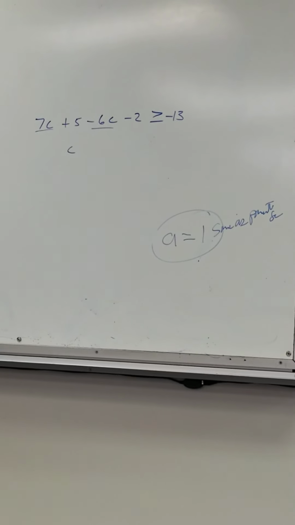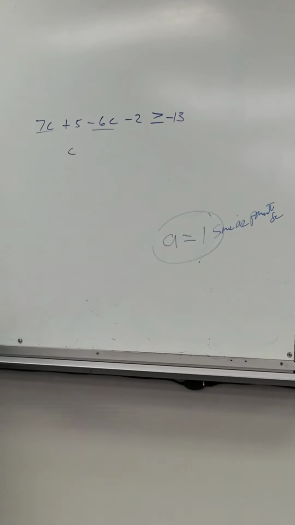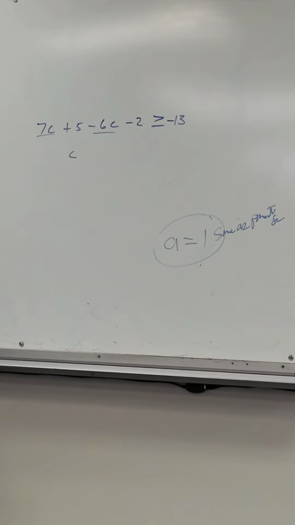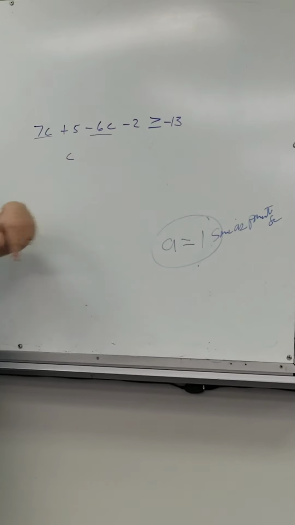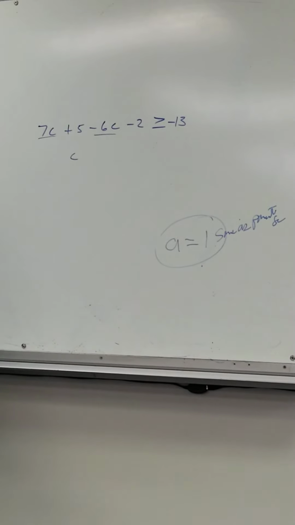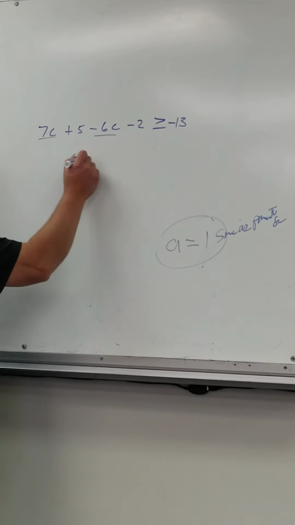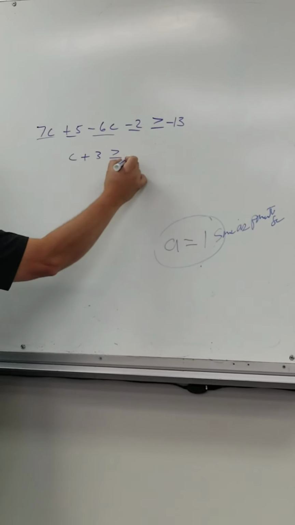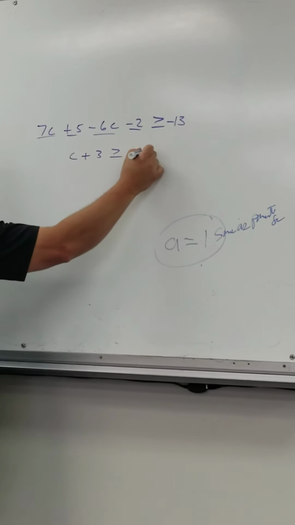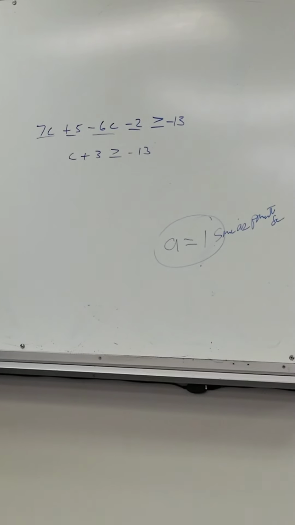What else is on the same side as these C's? 5 and what? -2, right? So what's 5 minus 2, Brian? 3. So I combine those like terms. Even if they don't have a variable with them, they can still be like terms on the same side. Have I started to make this a simpler problem?